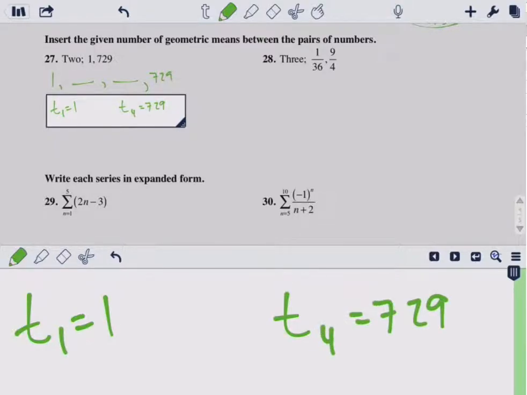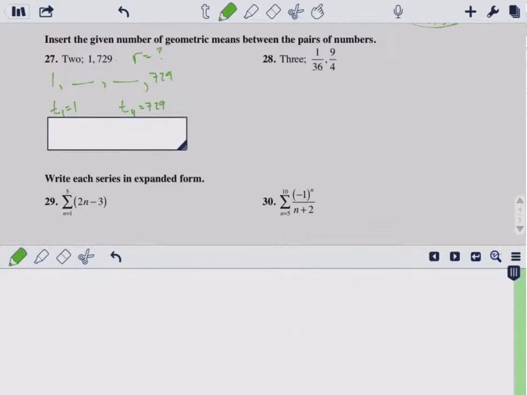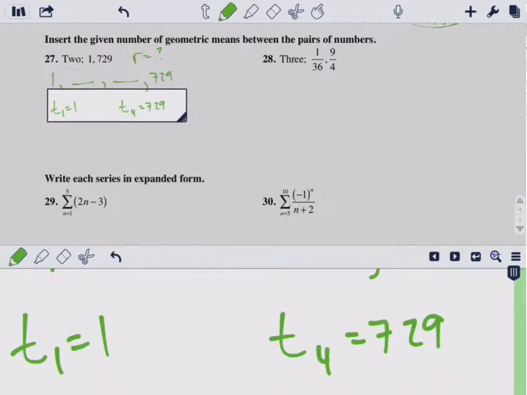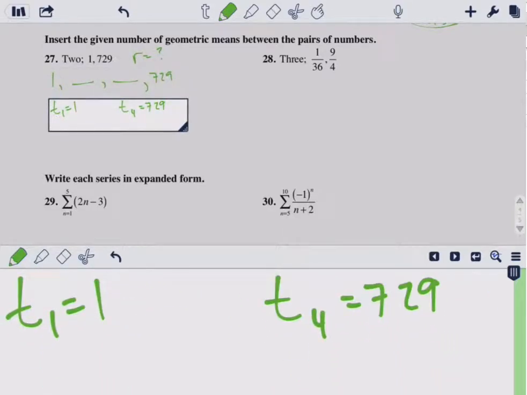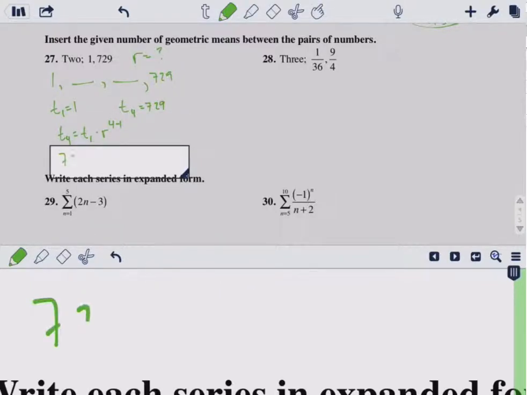I need to know what r is, so let's find out r. I know t sub 4 is equal to t sub 1 times r to the 4 minus 1. So our 729 is equal to 1 times r cubed.